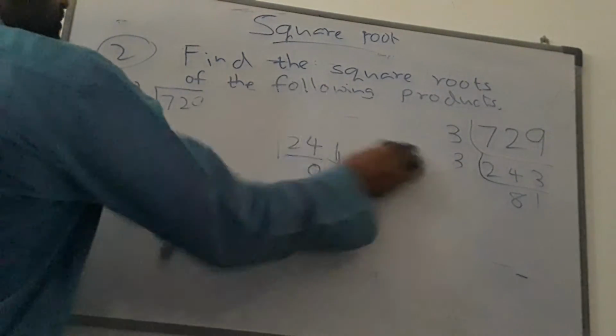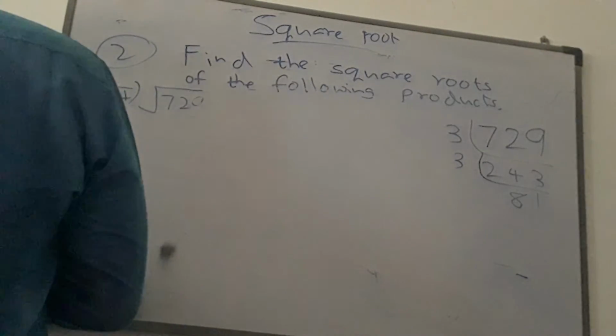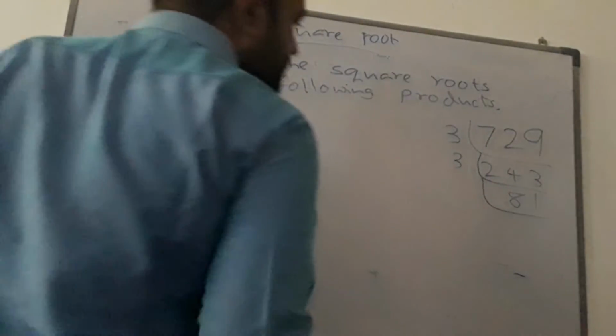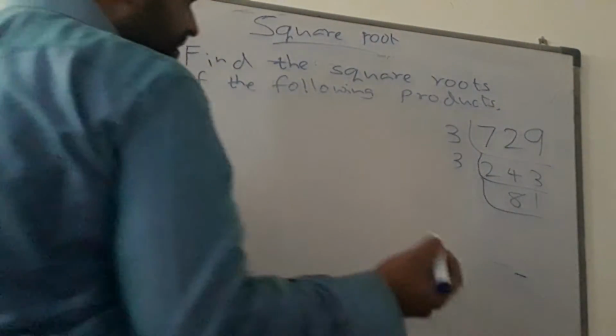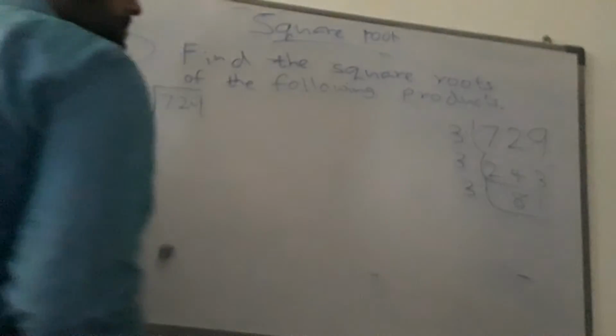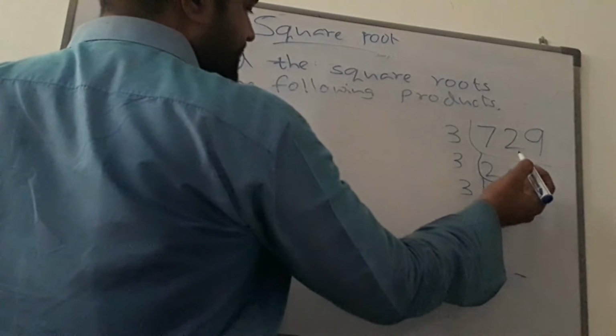Okay, after that I am going to try the short division. Otherwise it will take a hell of a time. So we have to keep on dividing these numbers quickly. 81 is also divisible by 3. So when we divide 81 by 3, 3 times how much is 8? 3 times 2 is 6. 3 times 3 is 9.